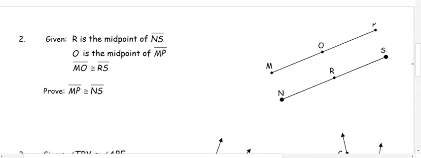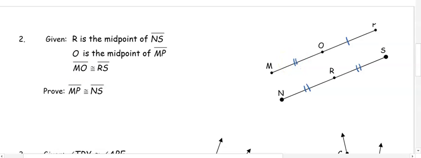In number 2, we are given that R is the midpoint of NS. So remember, a midpoint bisects a segment into two congruent parts. We also know that O is the midpoint of MP, so this is bisected into two congruent parts. And MO is congruent to RS. So if MO is congruent to RS, we know these are congruent.